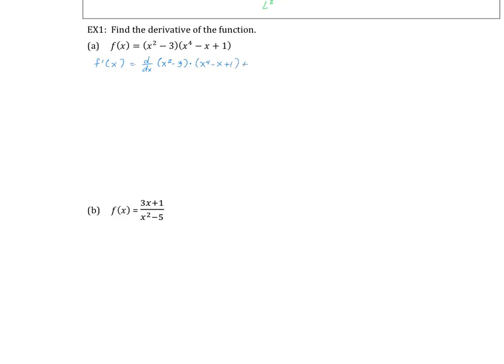Plus, since we're using the product rule, keep the first, which is x squared minus 3, times the derivative of the second.